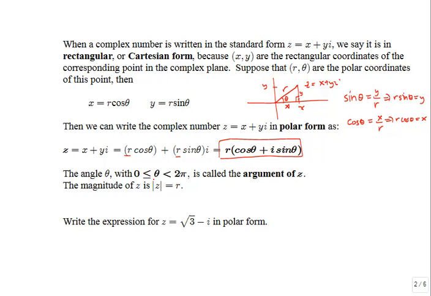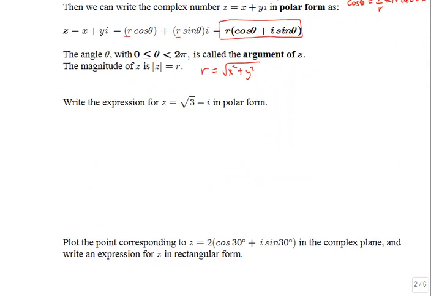We usually require that theta is between 0 and 2 pi. And the magnitude of z is just r. So in other words, r is the square root of x squared plus y squared. And again, we get that from the Pythagorean theorem using this right triangle. So the magnitude is the same as what r is going to equal.